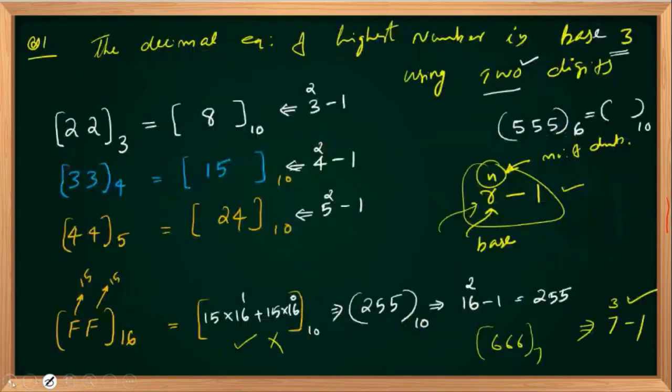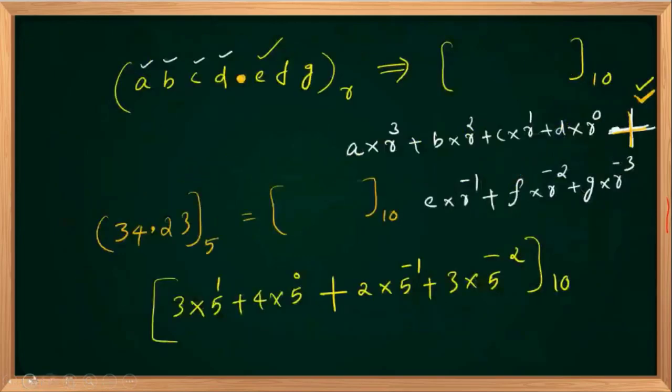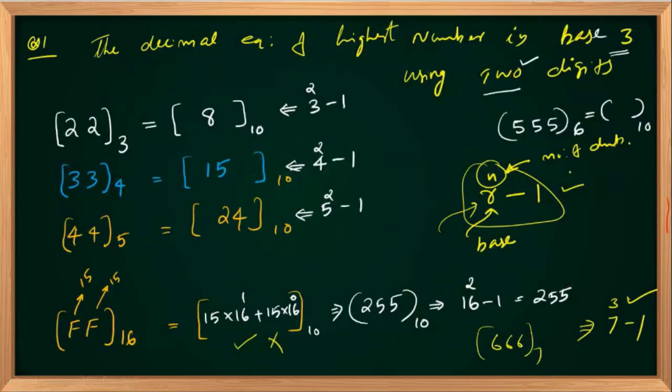So the important points you should remember from this is you should put an addition here. Don't forget that. And this also: r power n minus 1 will be the highest possible number in base r system using n number of digits. You may have a question like that also.